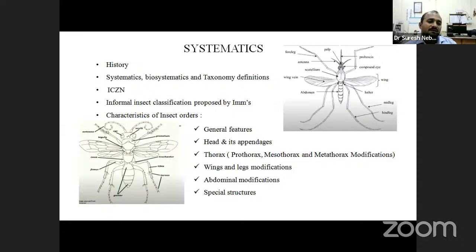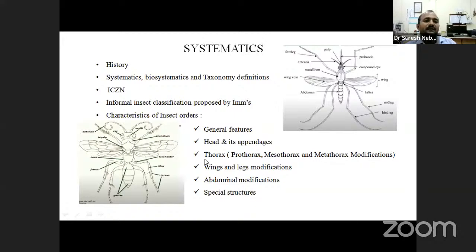Once you know the synonym and why that name is given, you should know some examples which are confusing actually, where by name it looks like that insect is in another order. Those examples they have given nicely in the Insecta book, and you have to remember them.